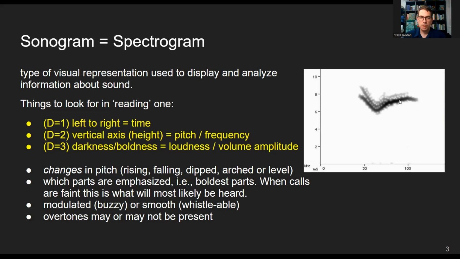So if you're not hearing the full call, if a bird is really high up or far away, or if there's some sort of attenuation of the sound so you can't hear it very well, the part you will hear is the boldest part. So that's why this species, which actually is the first species I'll talk about in a second, is described not as a dip, but as a rising call, because that's the part that's emphasized, boldest in the picture.